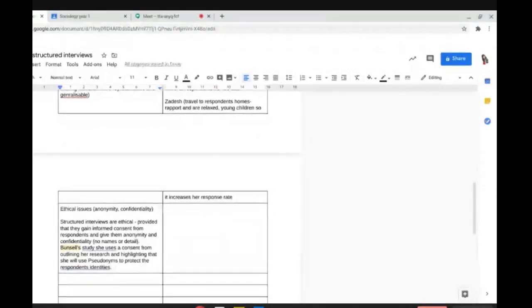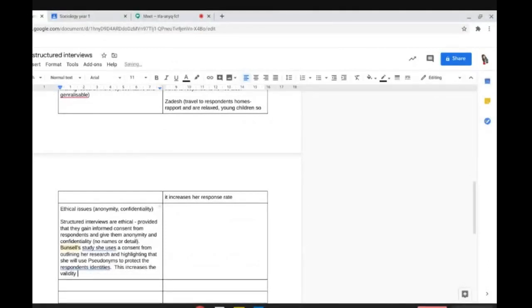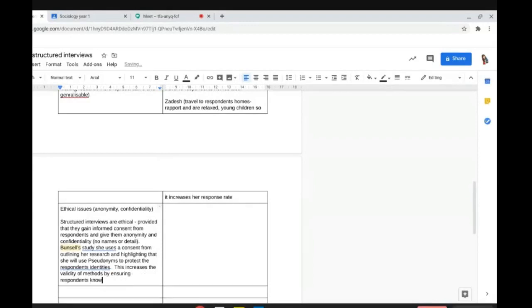This increases the validity of methods by ensuring respondents know the British Sociological Association's guidelines have been used. So, structured interviews are ethical provided that they give them anonymity and confidentiality.